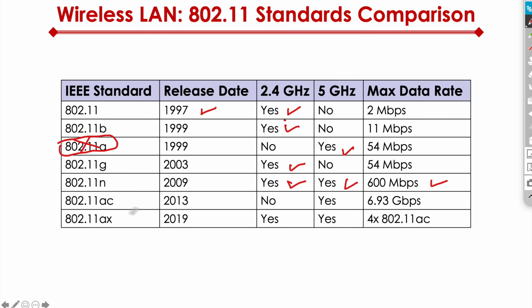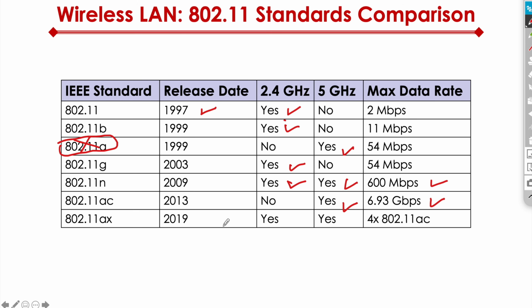Then in 2013, the AC standard came out. It did not support 2.4 gigahertz, only 5 gigahertz, and a maximum throughput of 6.93 gigabits. And finally, the IEEE standard 802.11ax came out in 2019.